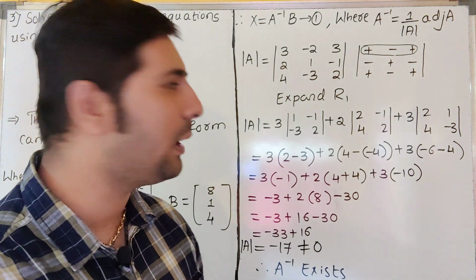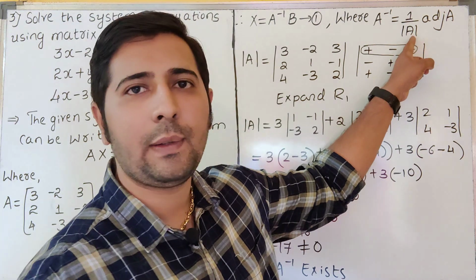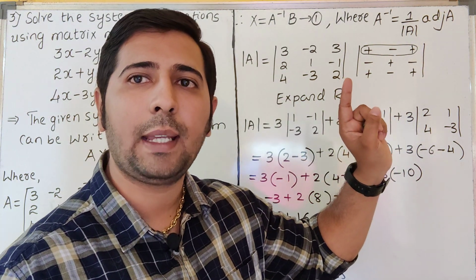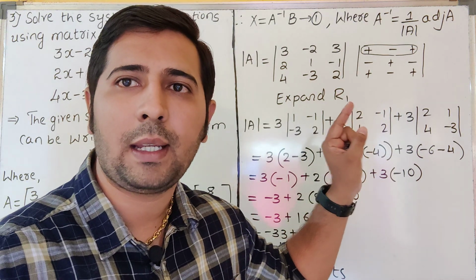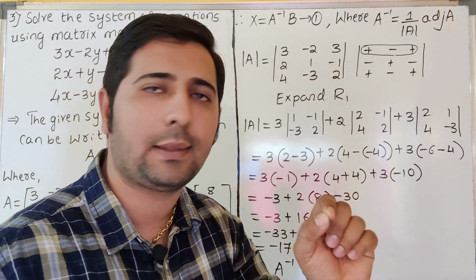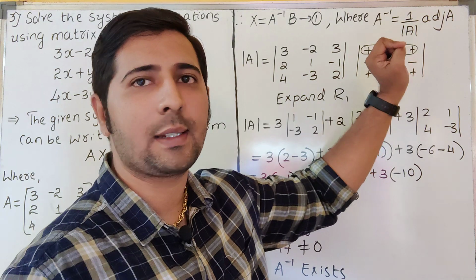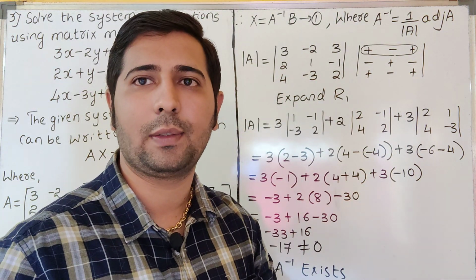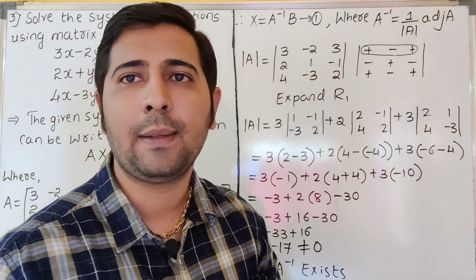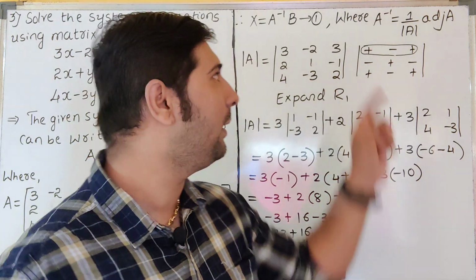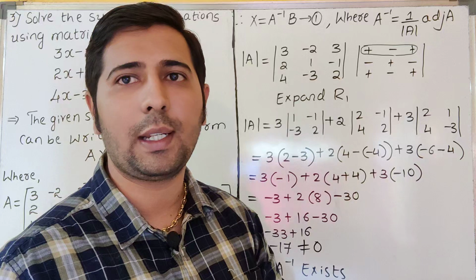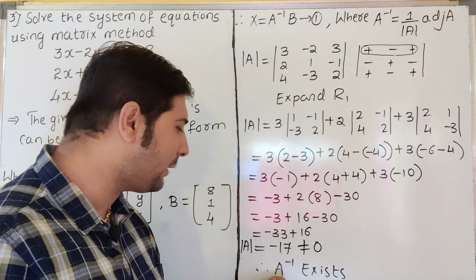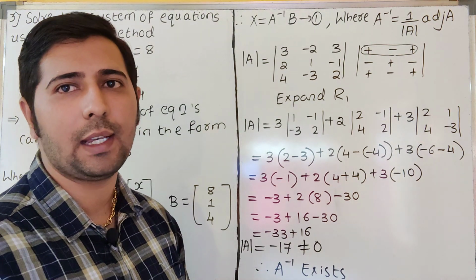If the determinant value is equal to 0, then A inverse does not exist. How? 1 by 0 is not defined, dear students. If the function is not defined, A inverse does not exist. Got it? Here it is not equal to 0, so that's why A inverse exists, dear students.